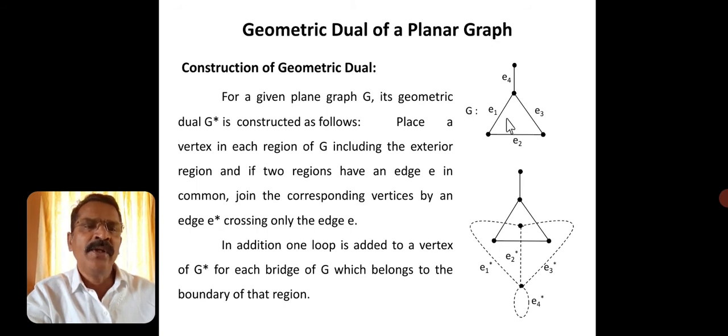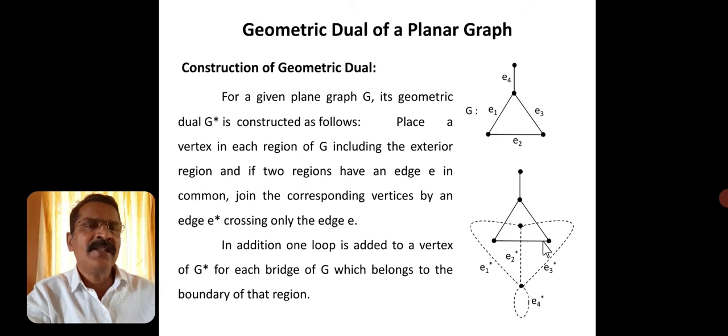You have to join the points corresponding to the interior face and exterior face for the edge E1 as E1 star. Here, this is the vertex representing the interior face and this is the vertex representing the exterior face. Crossing this edge, we have joined these two vertices.